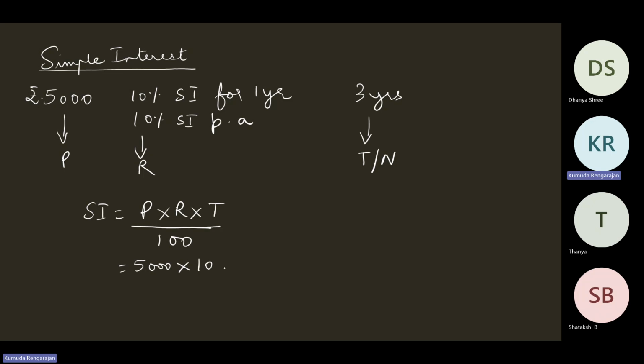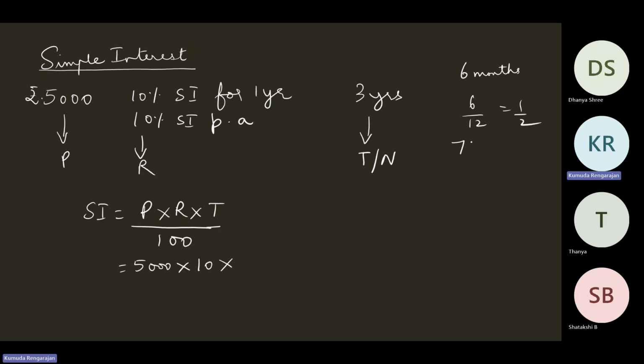So 10% for 1 year into time. Time should always be substituted in years. Supposing it's given 6 months, convert that to years. 6 months is 6 by 12, half a year.